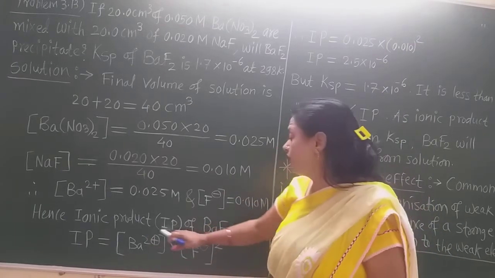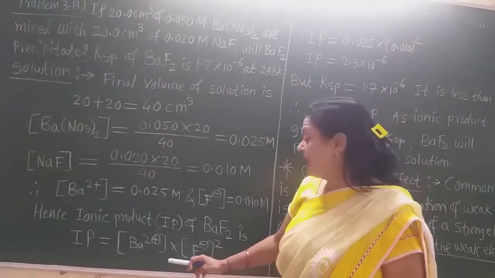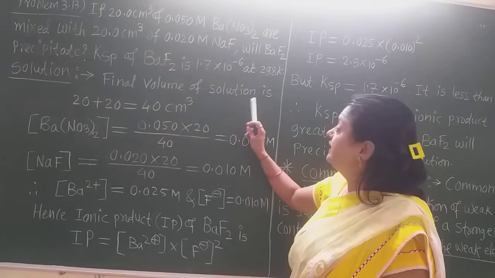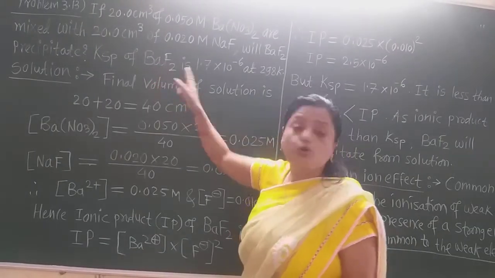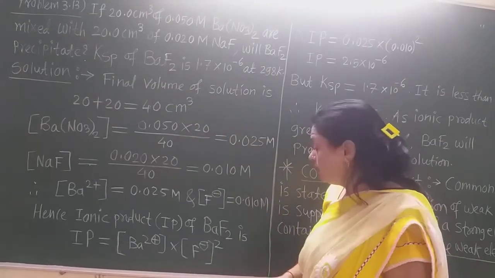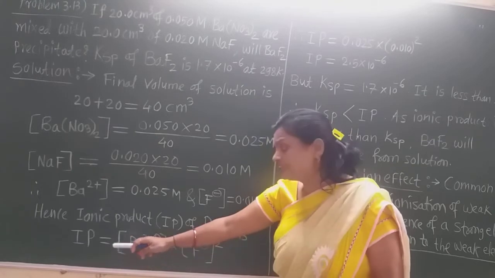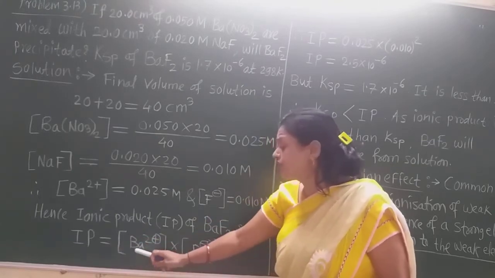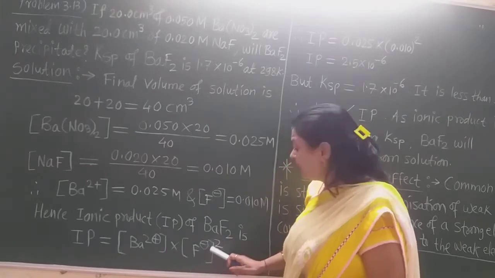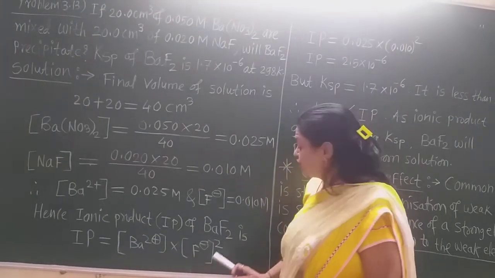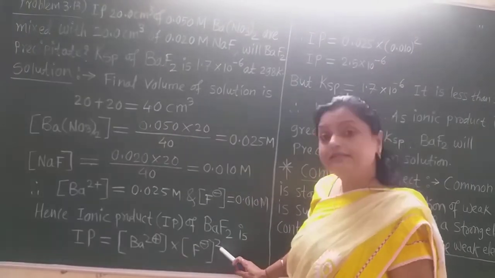Now the ionic product IP of BaF2: how it ionizes, it gives 1 Ba2+ ion and 2 F minus ions. So the formula of ionic product is equal to concentration of Ba2+ into concentration of F minus, bracket raised to 2, because there are 2 fluoride ions. So the power of the fluoride ion here is 2.